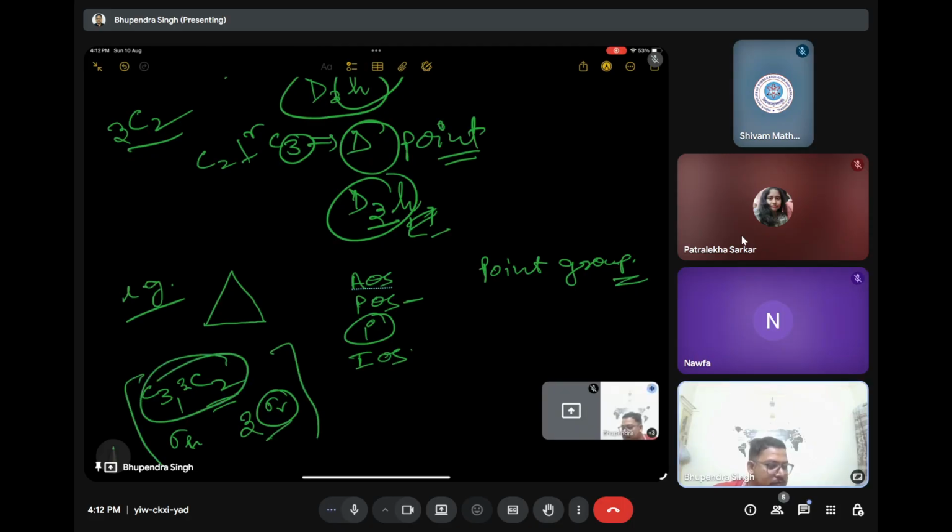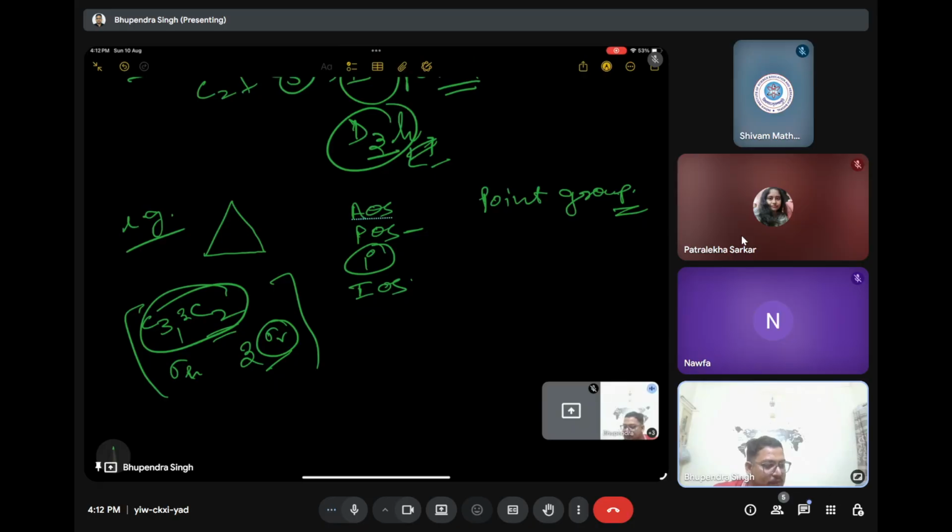But these two are perpendicular, if you are able to see it. C3 is going from the top, this is planar, going from the top, and C2 is like this. This is your C2, this is C3. This is C2, this is C2, this is C2.